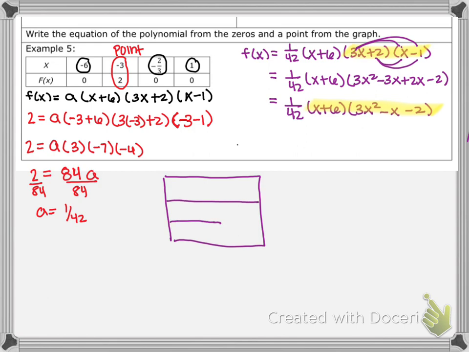Made it too big. This is a trinomial times a binomial. So I just need 3 here and then only 2 rows there. So x plus 6 goes there, and then you get the 3x squared minus x minus 2. Now we can multiply inside.